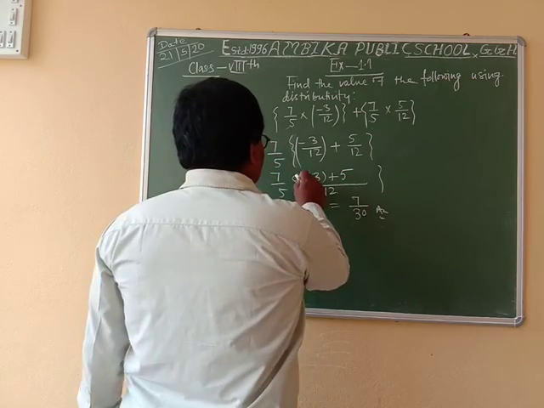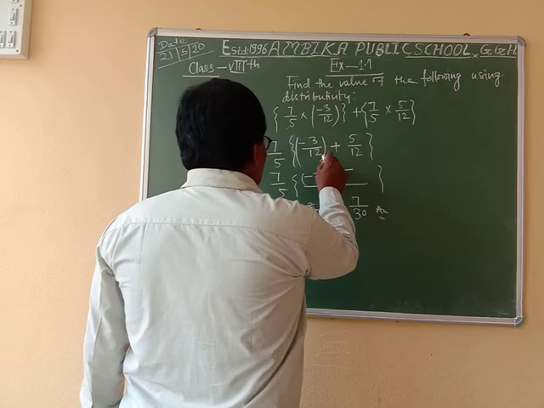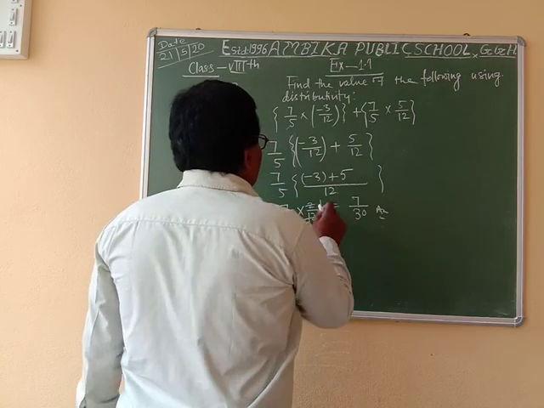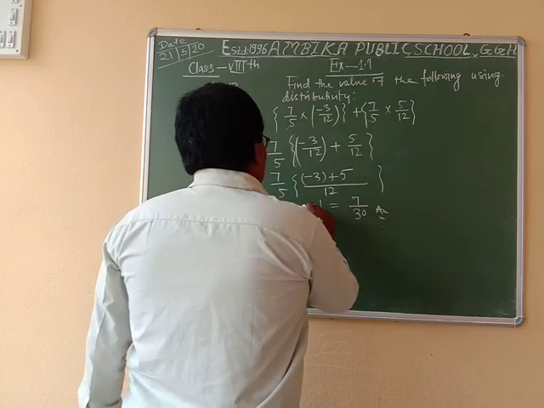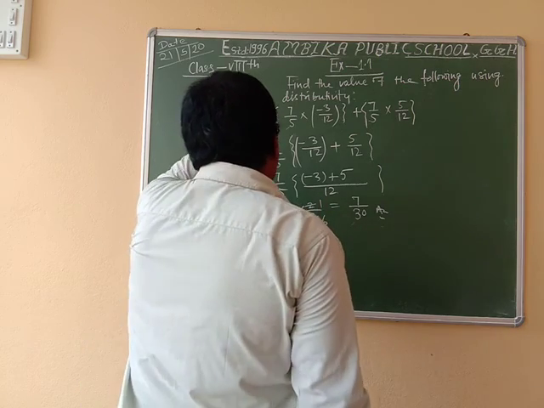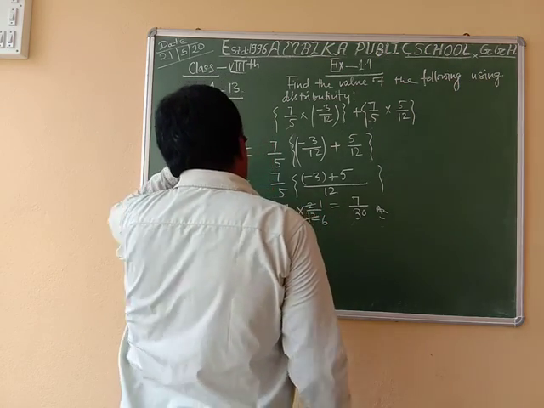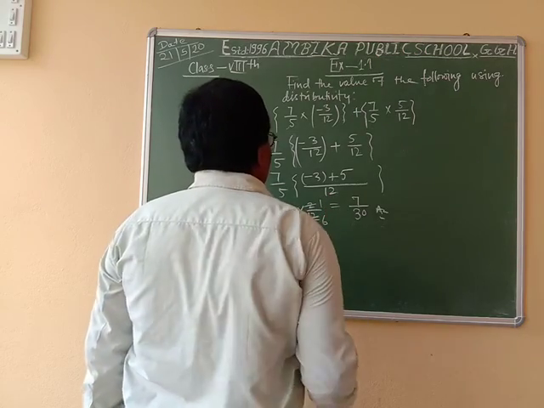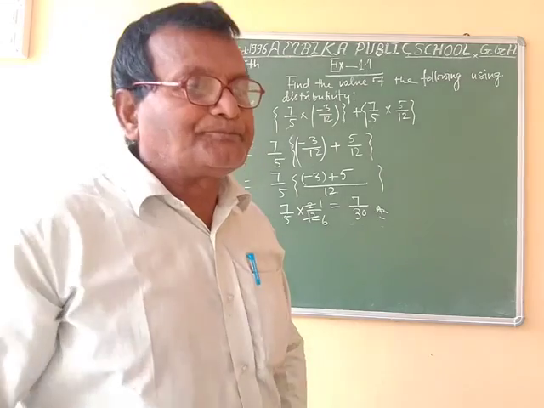And adding minus 3 by 12 and 5 by 12, we get 2 by 12. Dividing by 2, we get 1 by 6. So the answer is 7 by 30.